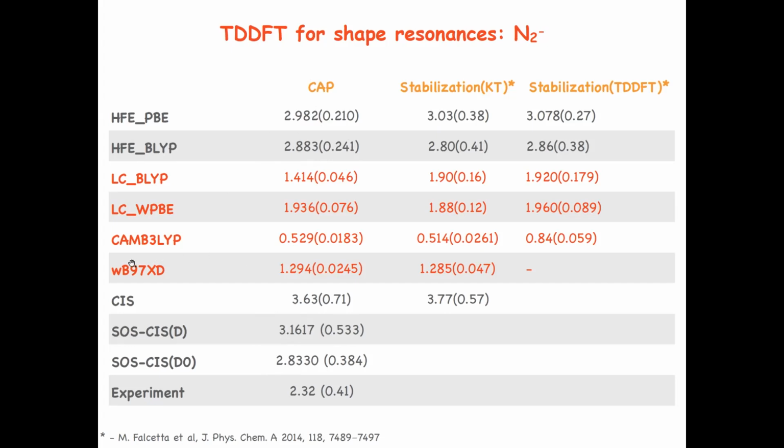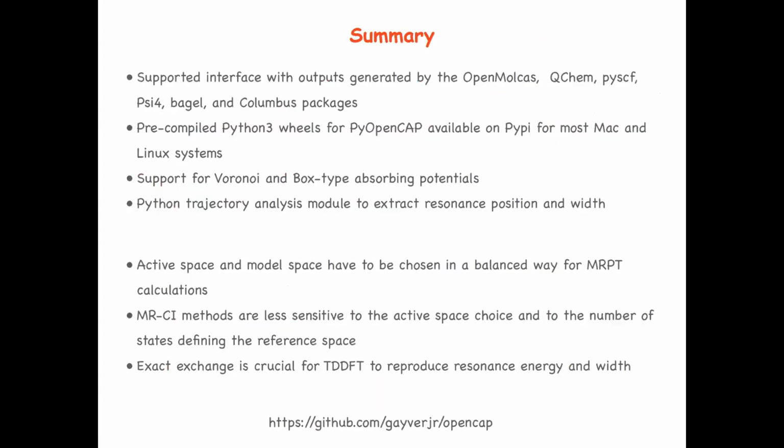And what is interesting is that, for example, omega B97XD, which does have 100% Hartree-Fock exchange asymptotically, still gives a rather poor description of both resonance energy and width. So in principle, this gives some positive news about using TD-DFT in the context of resonances, but one has to be extremely careful, and I think this requires further investigation.